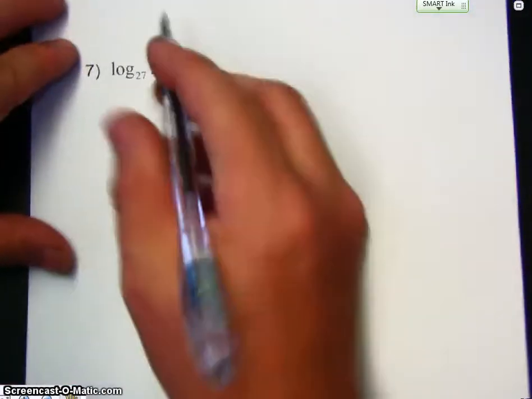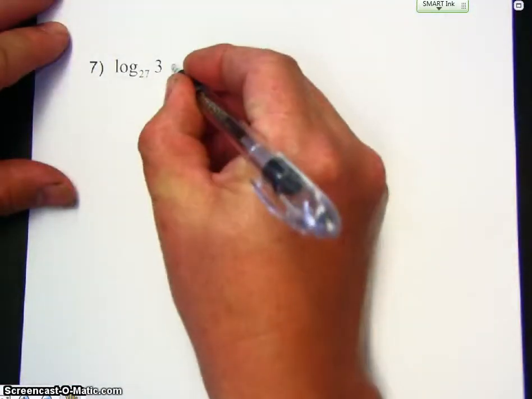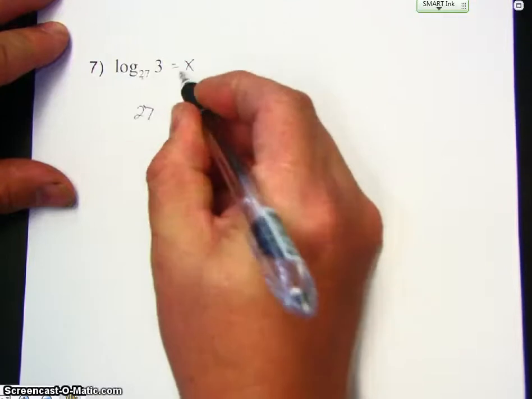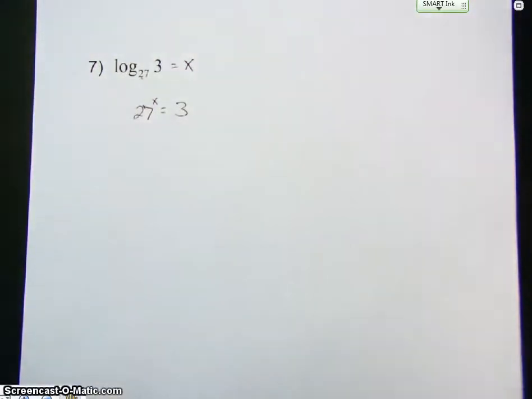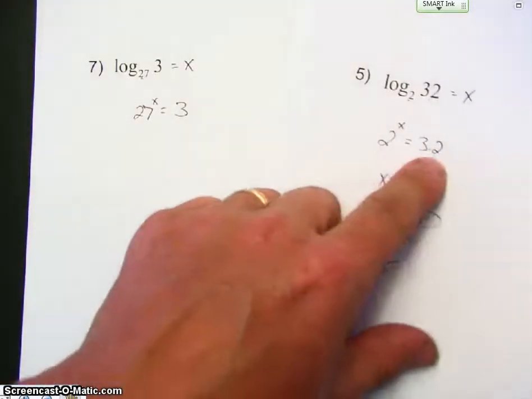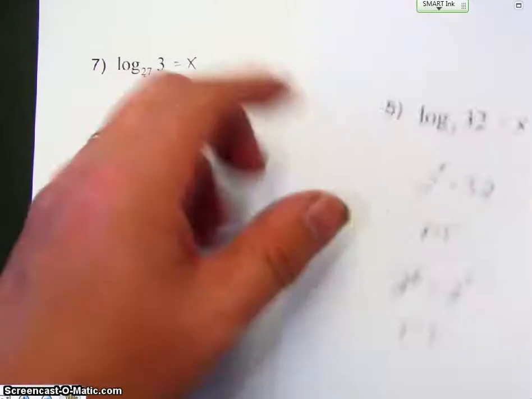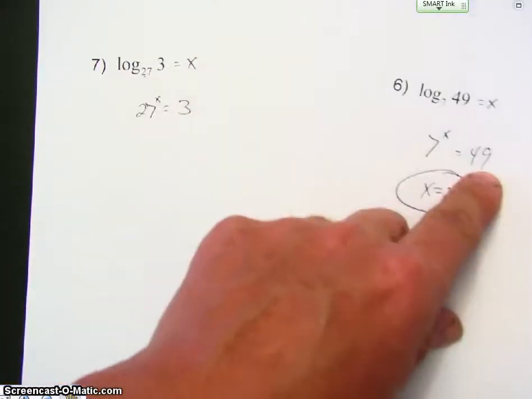Another one. This is a bit different. All right, so base 27. We want to know what this is equal to. So 27 to what power gives me 3? Now, if you look at the previous answers, see how the base is 2 and we had to make it larger? Base 7 and we had to make it larger.